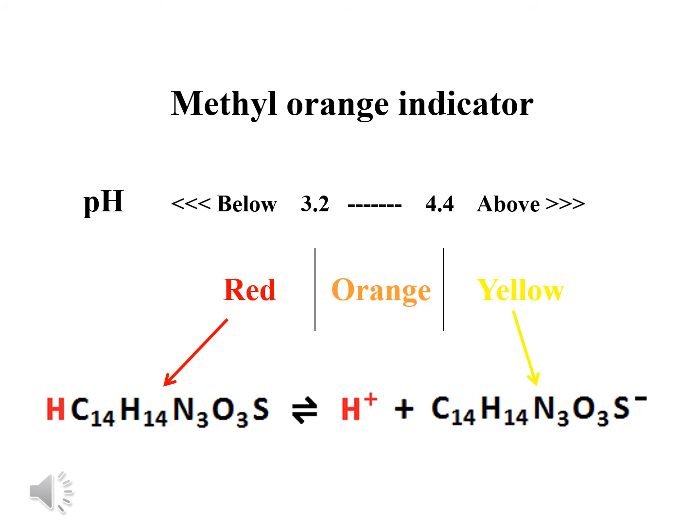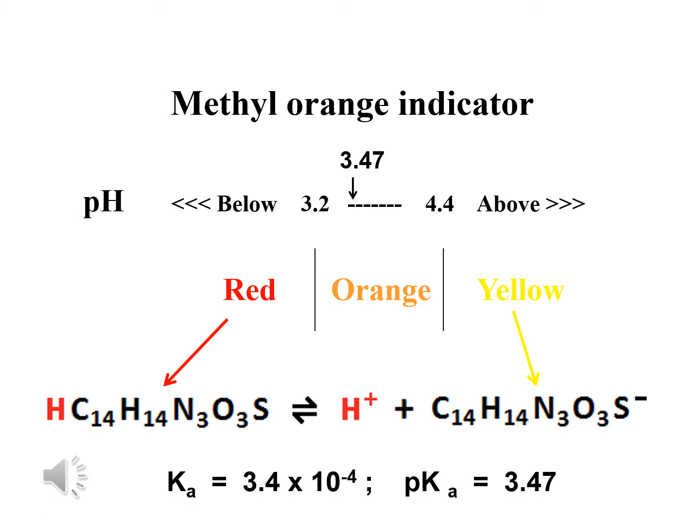Because the methyl orange is a weak acid, you can get a Ka value. You're going to get a Ka value for an acid in the lab, and you're going to do it in a method similar to this, but you can also get the pKa, which is minus the log of the Ka. You know that when you have an equal amount of the acid and base, that's equimolar, the pH equals the pKa.